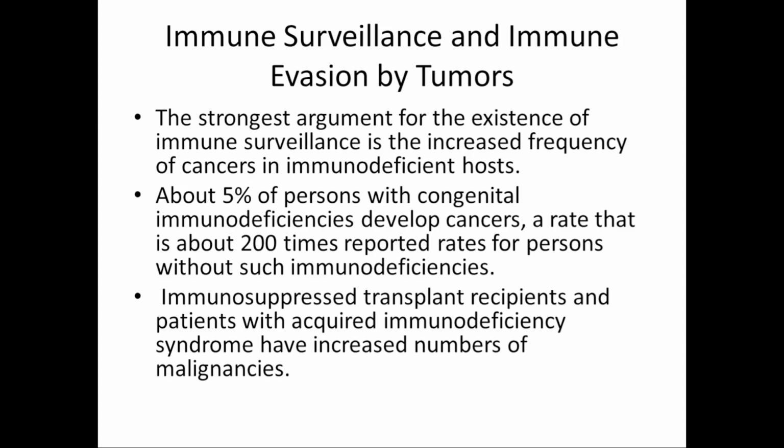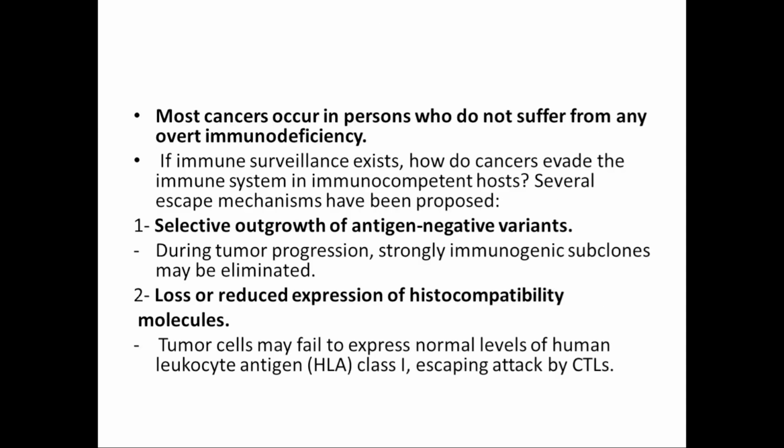Immunosuppressed transplant recipients with acquired immunodeficiency have an increased number of malignancies. Transplant persons شوفوا شو على ايش؟ على immunosuppressants, على steroid, long-term steroid therapy for immunosuppression, and they are at risk of having malignancies. هدول زي ما حكيت لكم بس مطلوب منكم الmain steps.